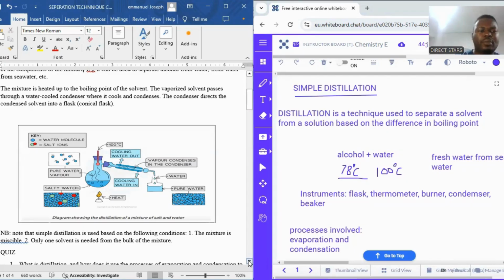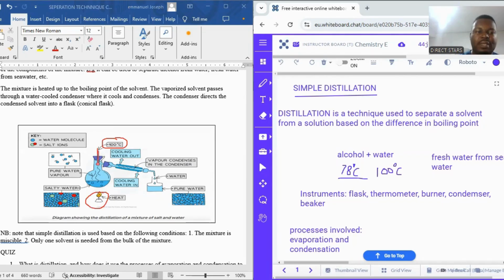You can see the presence of heat here. That's your burner, a source of heat. You can see your thermometer placed here to measure the temperature of the vapor coming out. In this case, we're trying to isolate water, so we have the boiling point at 100 degrees Celsius. I will maintain that temperature throughout the course of this process.